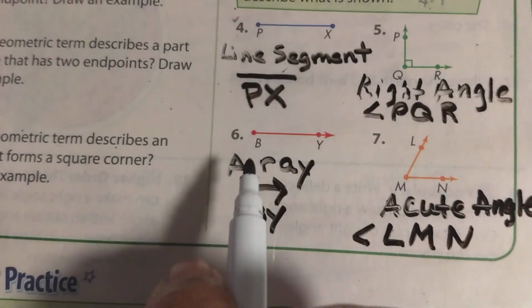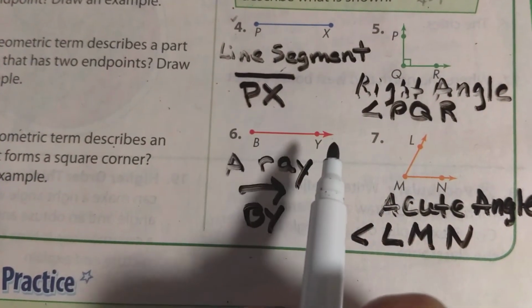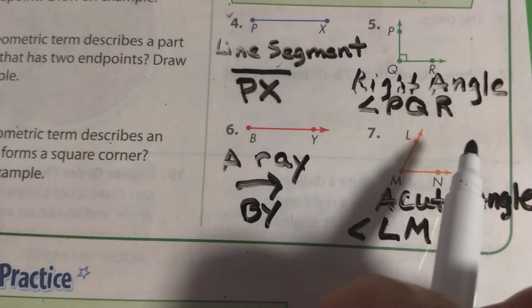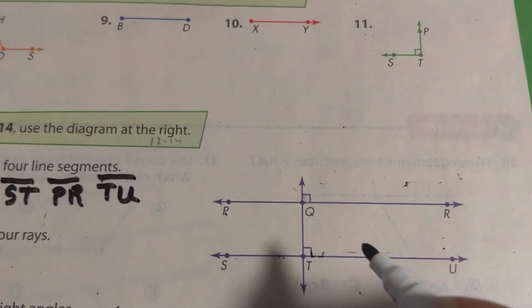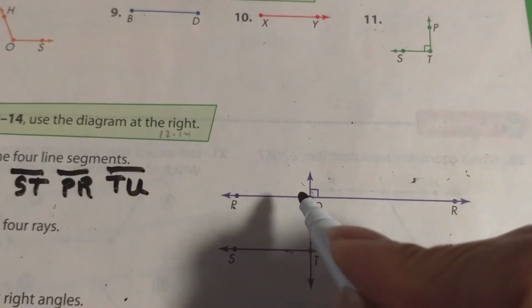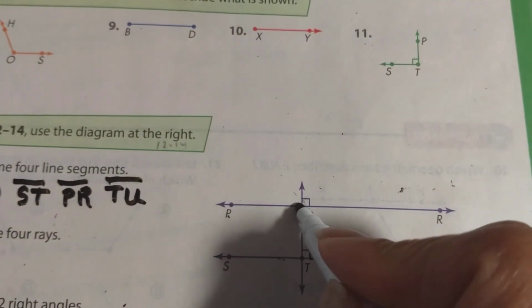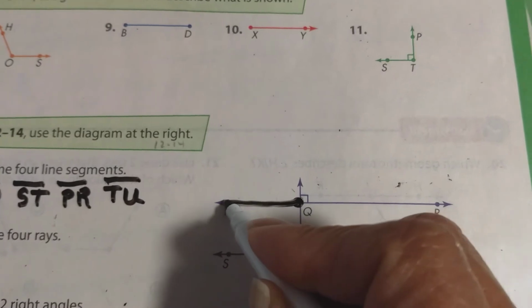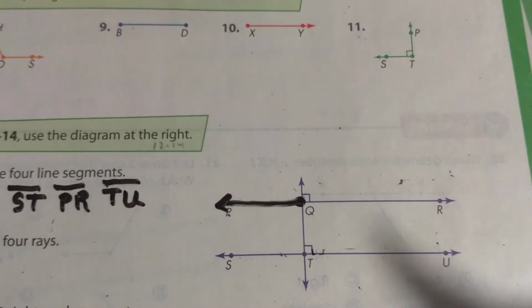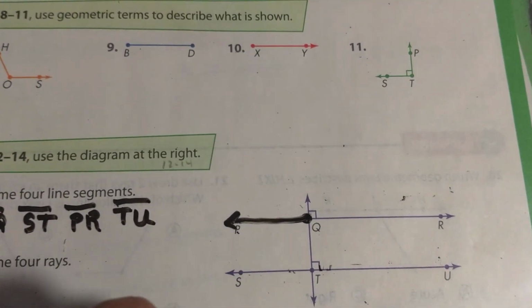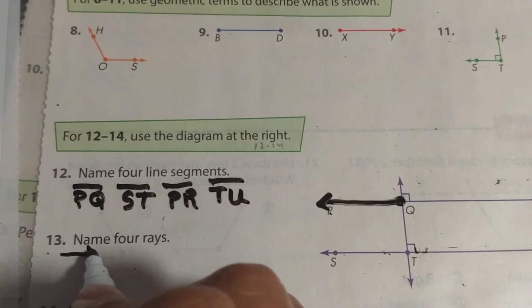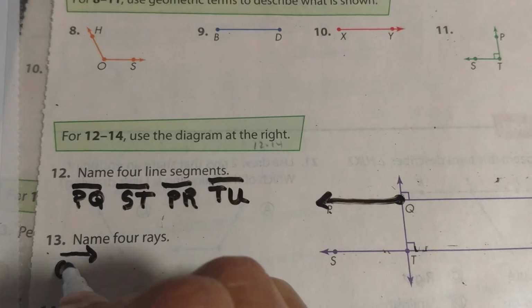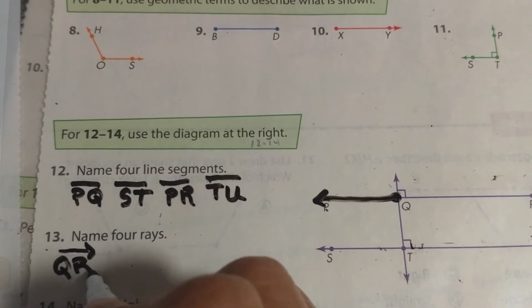A ray has an endpoint and a line with an arrow that continues on in one direction. So let's name our rays. We have to name 4. So I could say ray QR, right? So when I write it, I'll do a ray symbol, and underneath it I'll put the letters QR.